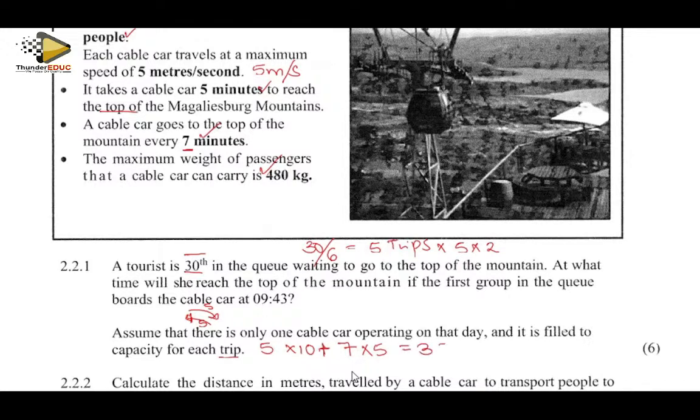So this becomes 35 plus 50, which we end up having 85 minutes. We're not interested in 85 minutes. We're interested in what time the person will reach up there. So we shall divide this by 60 to change it into hours. So 85, actually, is 1 hour and 25 minutes.